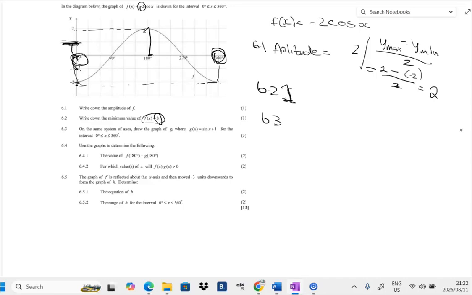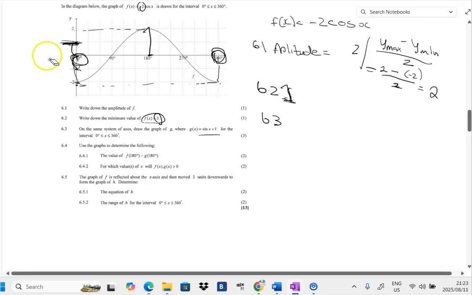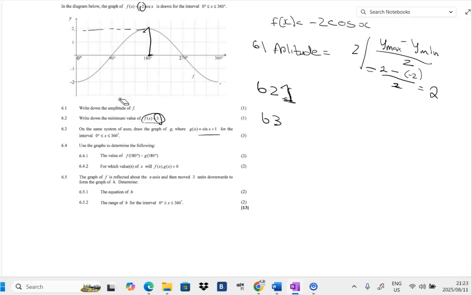6.3. On the same axis, draw g, where g of x is the sine. Okay, let's find a rubber, then draw the graph. We have a vertical shift and our new axis is at 1, right?